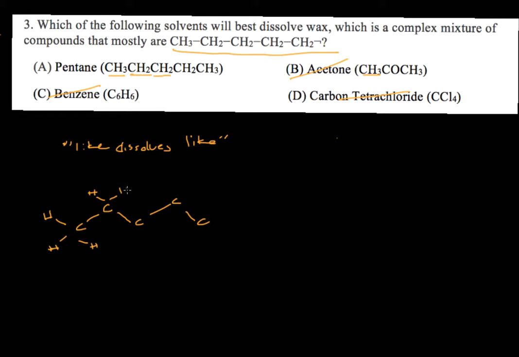You would have a couple hydrogens here, and here, on this one as well, and you sort of have all these carbons, and then you've got 3 again on the end here.